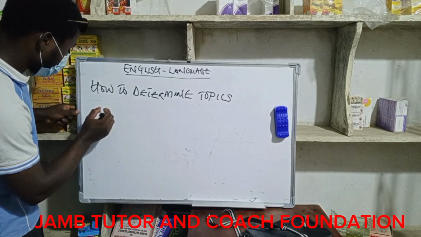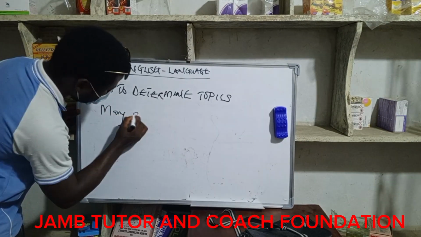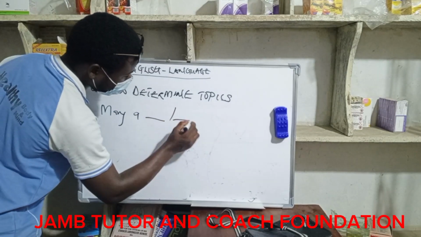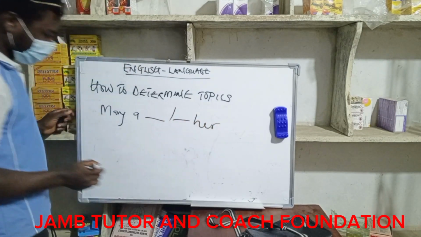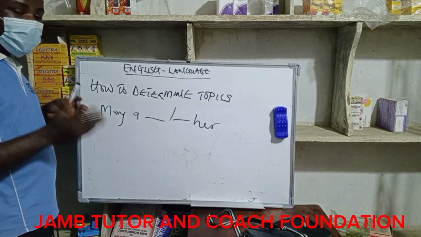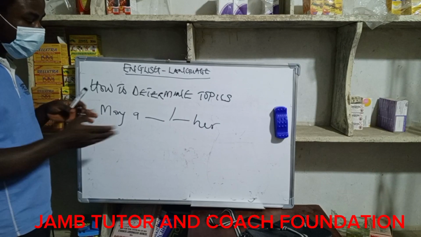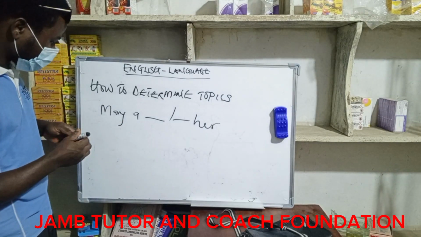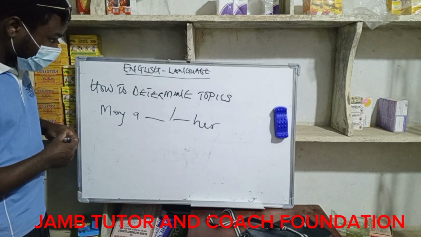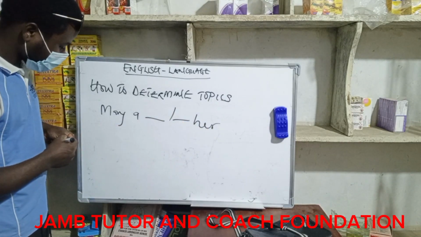For instance, if you have a question like many a dash slash dash hat. This is the question. So how would you know the topic from which this question is being drawn?